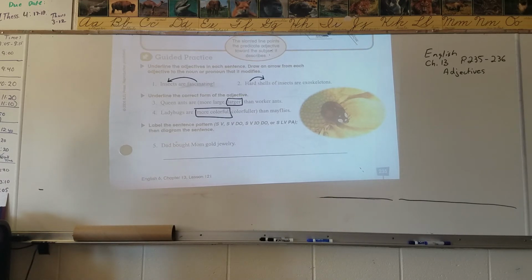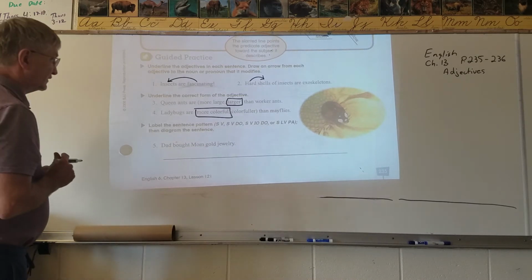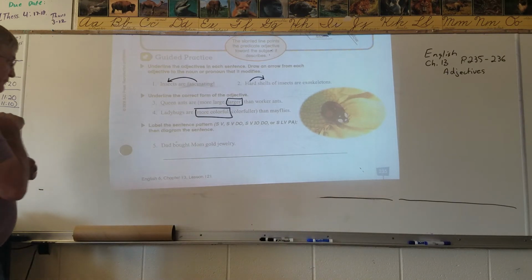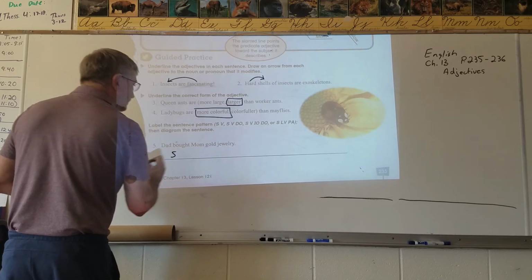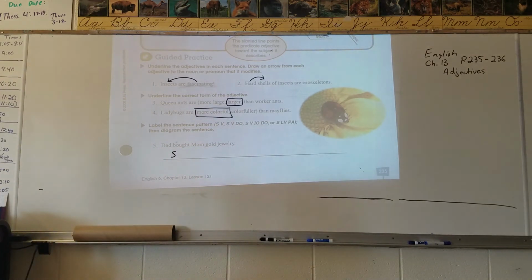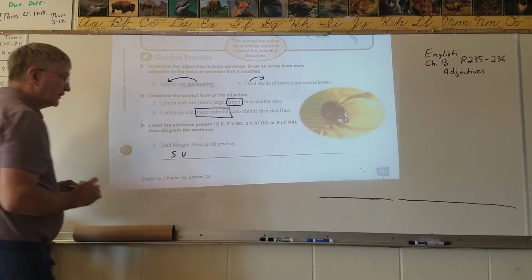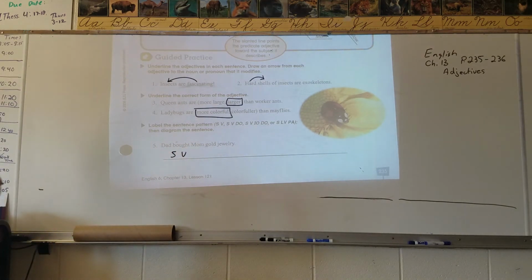SV, SVDO, SVIODO, or SLVPA. And again, LV linking verb. So Dad bought Mom gold jewelry. So we have the subject, Dad. What did he do? He bought, which is a verb, not a linking verb because bought is action. What did he buy? He bought some jewelry.